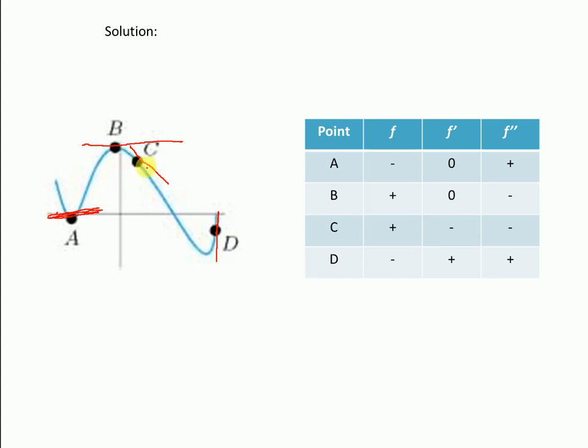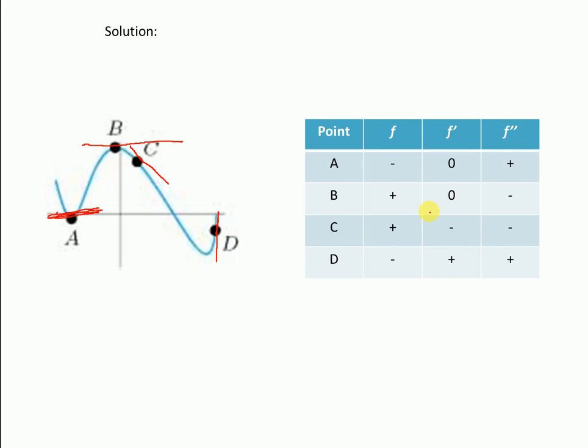The same thing for C. If you go from left to right, C is going downward, so it opens down, or you have a negative value for the second derivative. Now point D, we go from left to right, it's open upward, or increasing. We have a positive value for the second derivative.